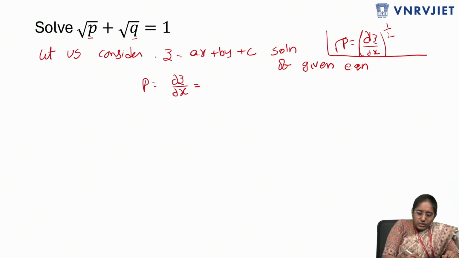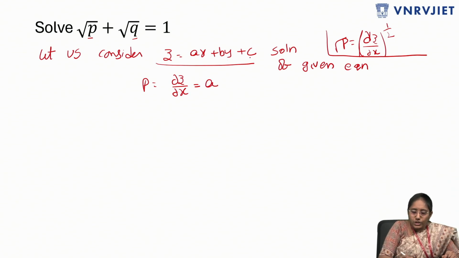Differentiate z with respect to x, that is a, and y is a constant and c is a constant, so the other terms are 0. Similarly, find the value of q, that is dou z by dou y. Differentiate z with respect to y by keeping x constant. So 0 plus b, the derivative of y is 1, plus again 0. So it would be b.